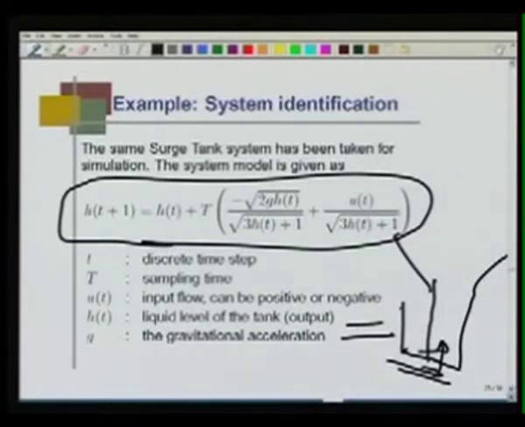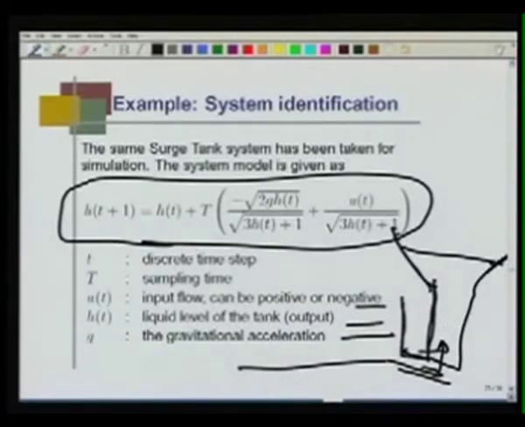Let me draw it like this. This is the water reservoir, this is the surge tank, and we are only concerned with the model of this surge tank. If there is a certain flow rate into the tank, then how does the level of the tank increase? This is a discrete dynamic model of the surge tank.